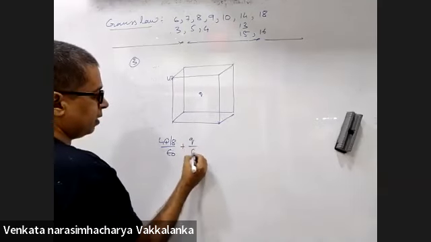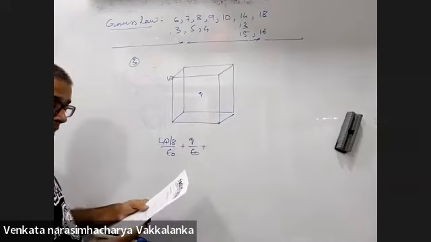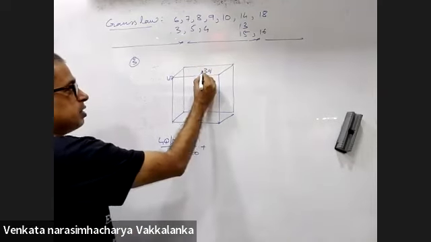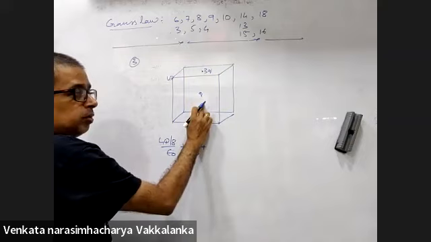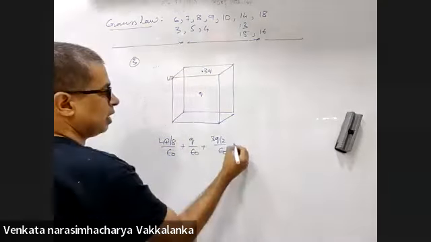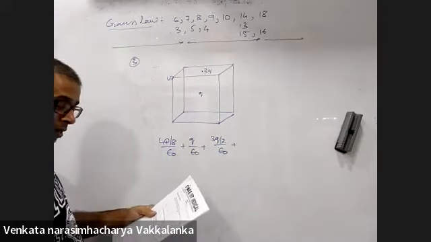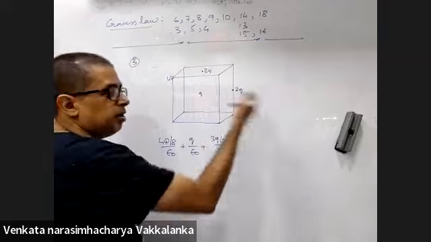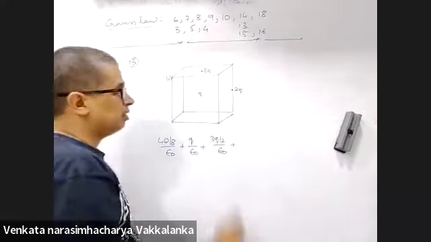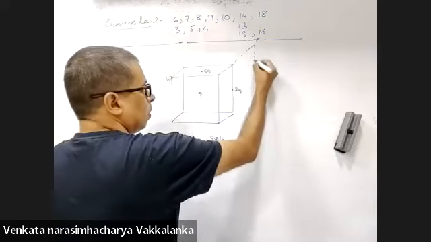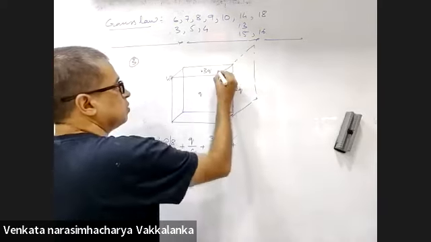So Q by epsilon naught plus 3Q is placed here. 3Q will be shared by the cube above and this cube. So 3Q by 2 by epsilon naught. Right? 2Q is placed here. This corner is shared by 4 cubes. This corner will be shared by 4 cubes. You should be able to visualize this.